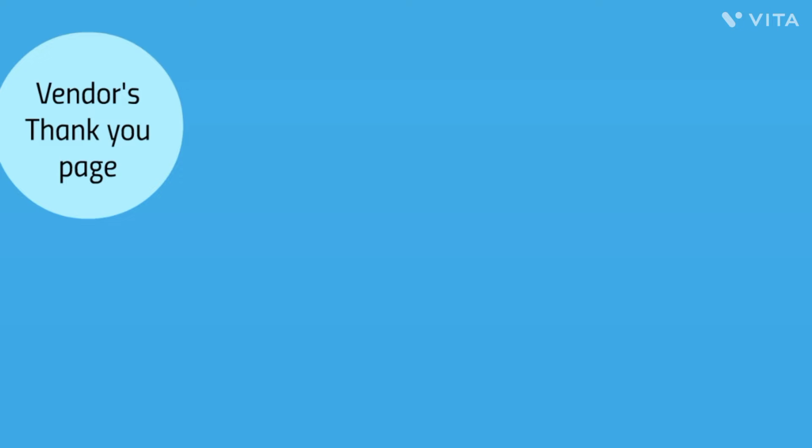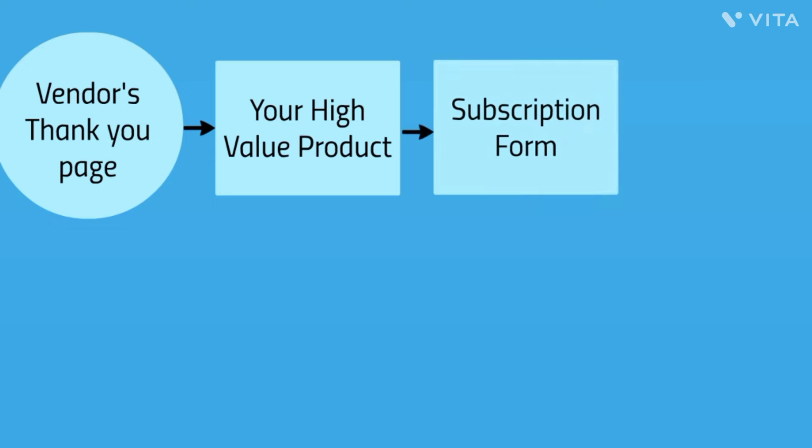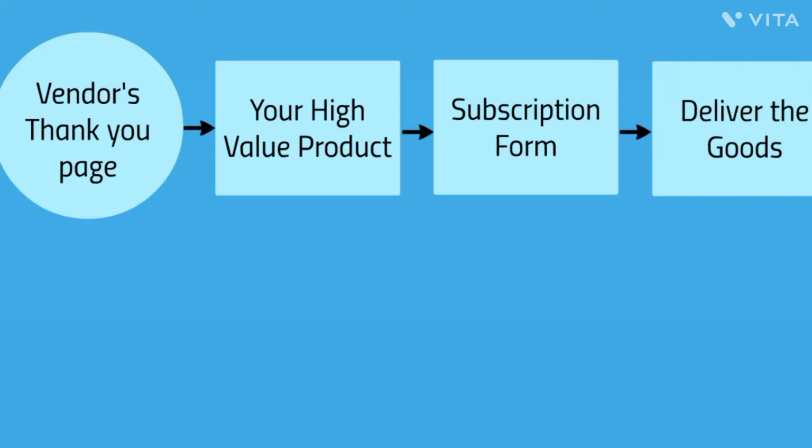When they're in that buying mode, they see the vendor and they see your name or your brand. On the vendor's thank you page, you deliver your high value product. It's not the same as a lead magnet or anything like that. This is a super high value product that somebody is actually willing to pay for. You're just giving it away for free, and they subscribe and you deliver the goods.